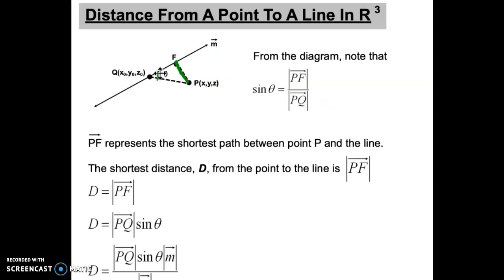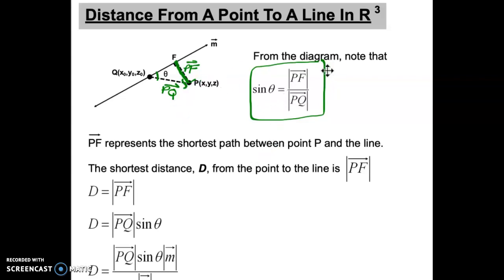So sine of this angle is going to be the opposite, which is the magnitude of PF, over the hypotenuse, and the hypotenuse here is the magnitude of PQ. So that's how we got this equation right here. It's just relating some stuff that we can find to what we need to find.